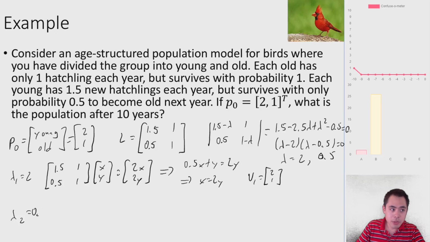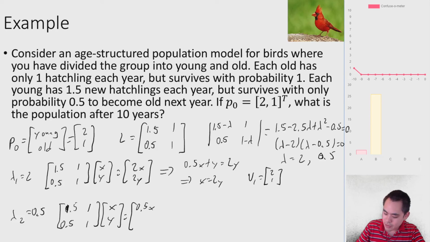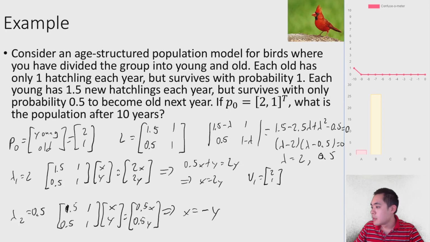Lambda 2 is equal to 0.5. You do the same thing, so the matrix 1.5, 1, 0.5, 1 times x, y is going to be equal to 0.5x, 0.5y. And that turns out, after solving this, to give you x is equal to minus y. And so v2 is going to be equal to minus 1, 1.